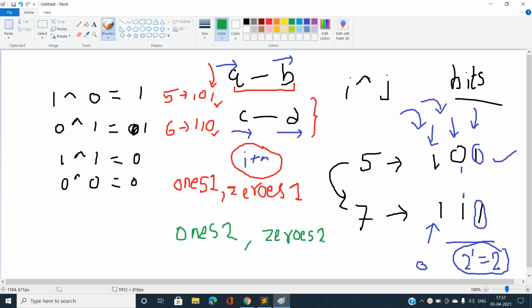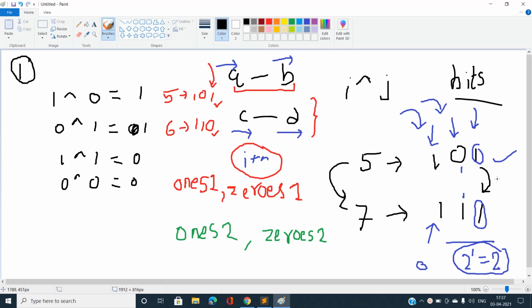Now just tell me one thing: what should be our answer in this case? If both bits are going to be the same, our answer will not be incremented by anything. So I should work on those bits that are going to be different.